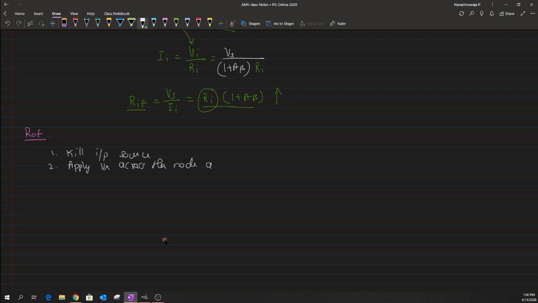Okay. Yeah, so we are going to use these two steps in order to measure it.